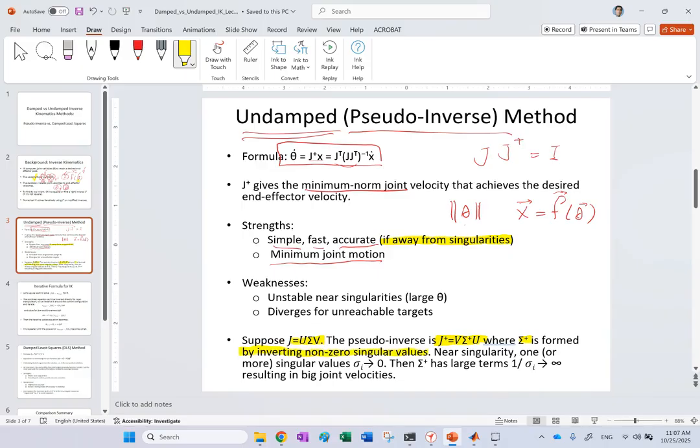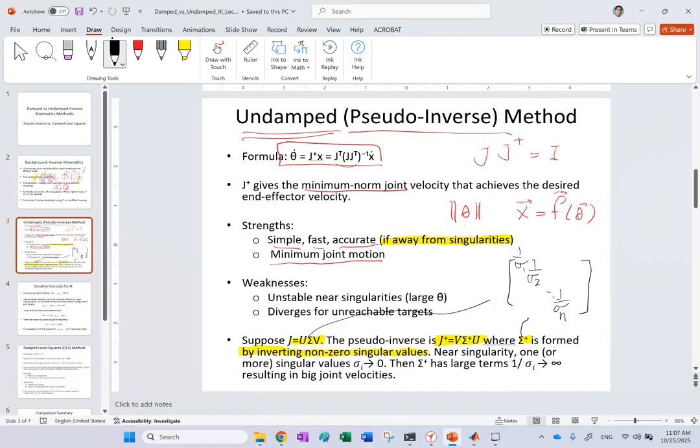So sigma and sigma inverse are related: their singular values are reciprocals of each other. Remember, this is a rectangular matrix of the singular values, sigma 1, sigma 2, all the way to sigma n, and you can have a bunch of zeros, depending on the dimension. The singular values of the pseudo-inverse are reciprocals of these.